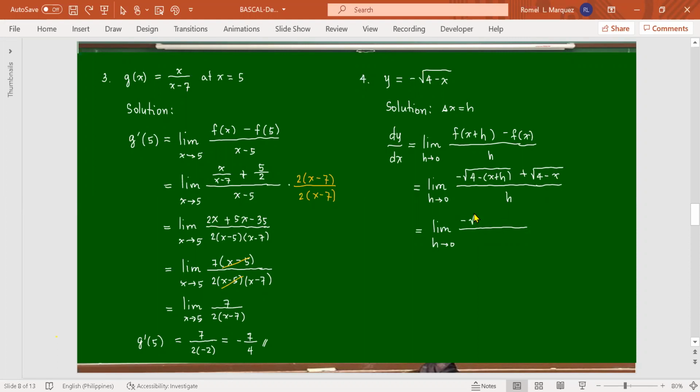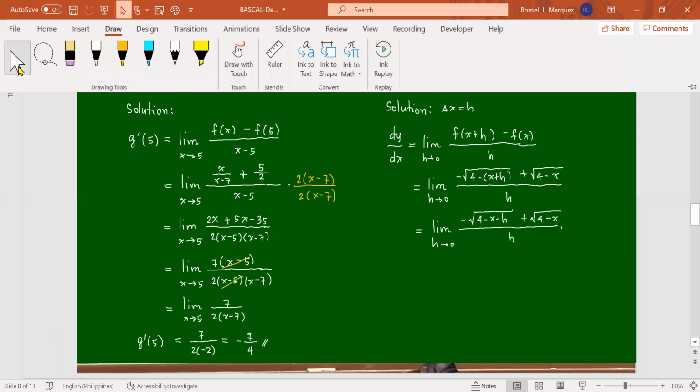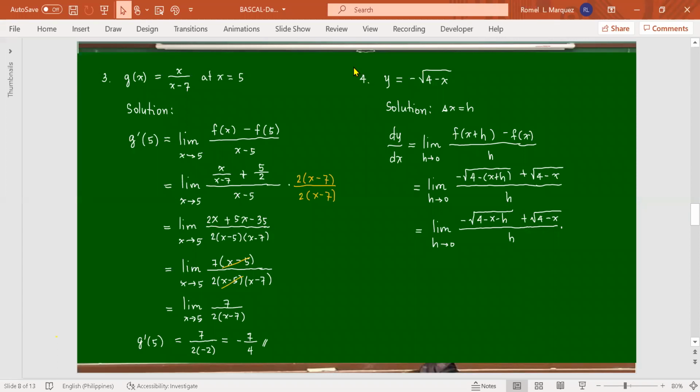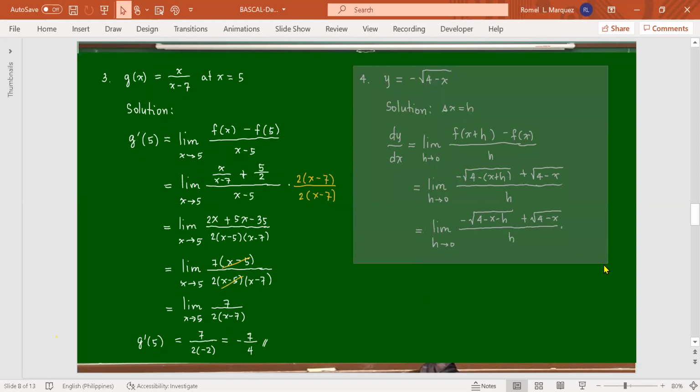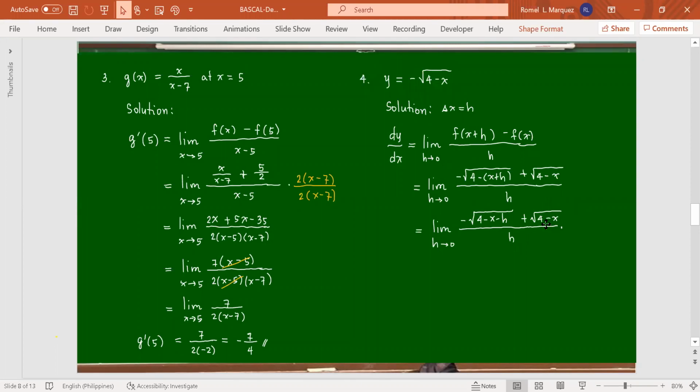In order to do that, we need to rationalize the numerator. Negative square root of 4 minus x minus h plus square root of 4 minus x, all over h times. What is the conjugate, guys? Ano ang conjugate natin, guys? Negative square root of 4 minus x minus h.